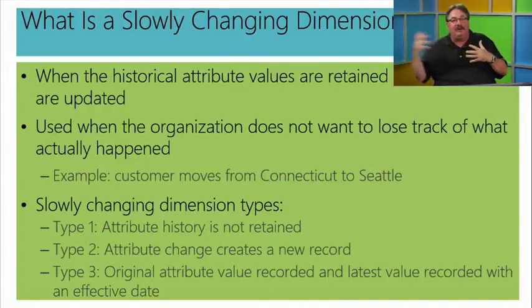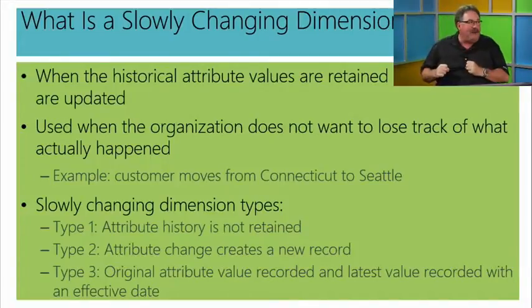I've got the original that says I was in Connecticut. I've got the new one that says I was in Seattle. And I now have a choice in how I'm using that data in business analysis. I can look at it from a historical perspective as if it occurred in Connecticut. I can look at it from a forecasting perspective as if it happened when I was in Seattle.